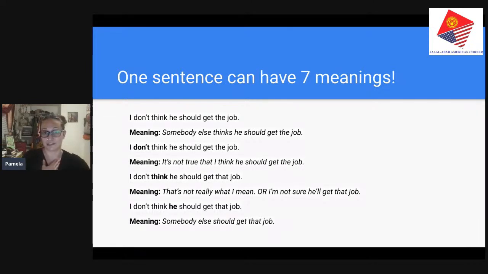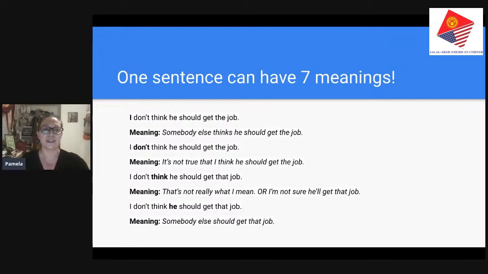I don't think he should, but someone else does. If you put the stress on the second word, I don't think he should get the job. That means you're saying it's not true. I don't think he should get the job. So you're saying something different. You're actually giving different information just by stressing a different word.